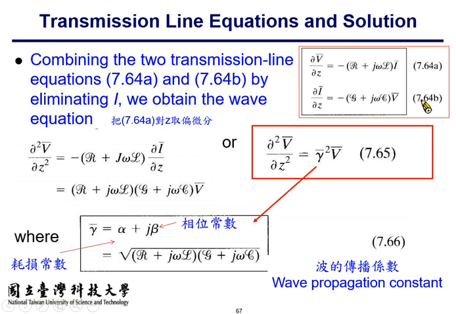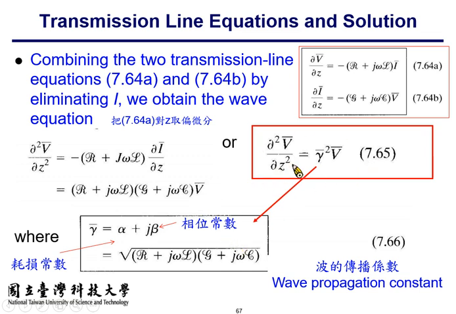So with this substitution, the second order derivative of V equals R plus j omega L times G plus j omega C times V.